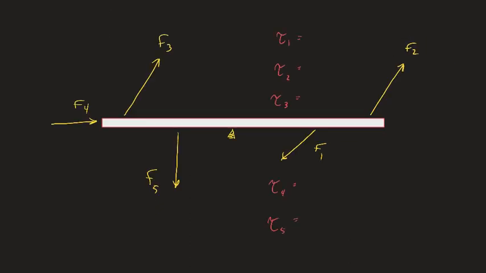In trying to figure out whether these torques are positive or negative, I want you to know that acceptable practice is that out of the page, or out of the board, or out of the screen is generally considered positive, just as to the right is generally considered positive for X and up is considered positive for Y. Out of the page is generally considered positive for the Z direction.